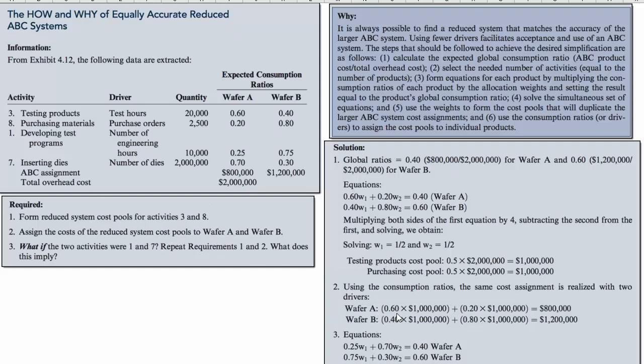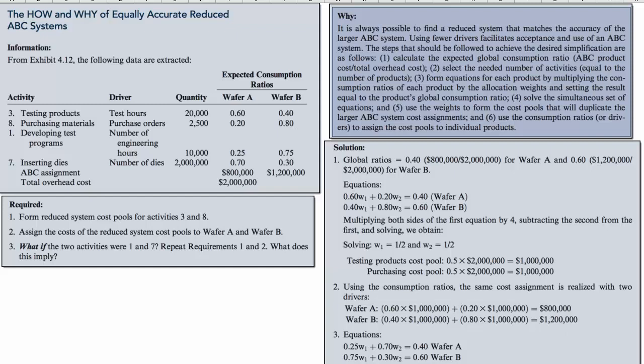So you take the 0.6, given for wafer A for testing, and the 0.2, given for purchasing, times the million, and we see now we've reduced the cost pool for that to 800,000. For wafer B, we use the 0.4 and the 0.8 given, and we get 1.2 million.